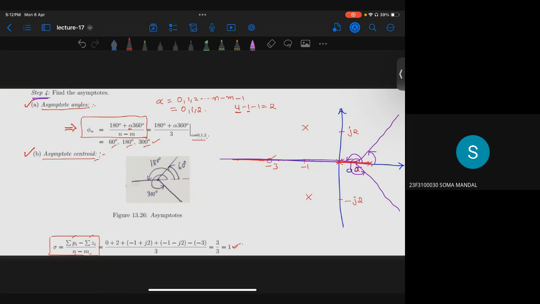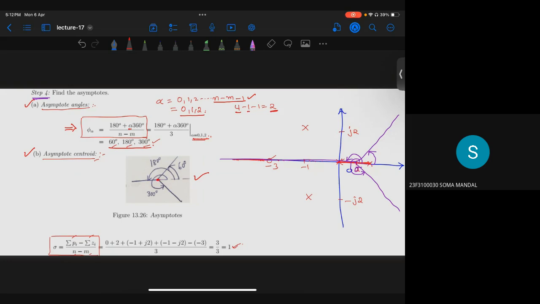Alpha is 0, 1, 2, 3, etc. up to n minus m minus 1, which is 2 here. So alpha is 0, 1, 2. Substituting alpha equal to 0, 1, 2, we get 3 values: 60, 180, and 300. These represent the angles.